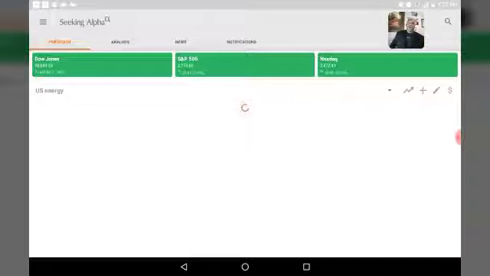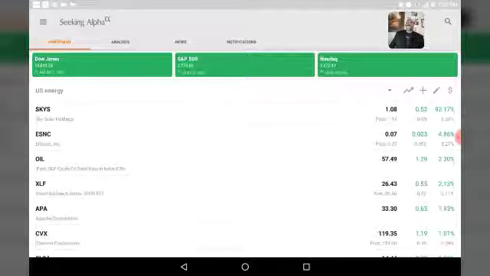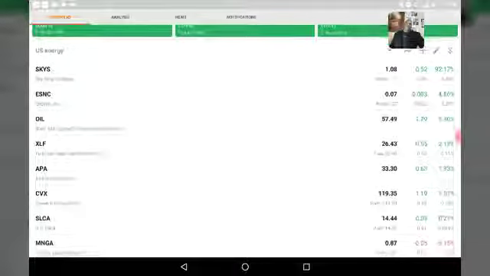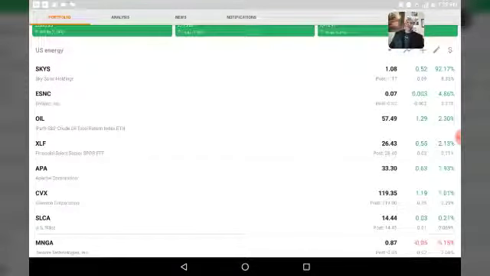U.S. Energy. See what we have going on here. There's my solar right at the top. Was way below, under $1. In a couple hours, it went up by over 100%. There's my ESNC at the very top.